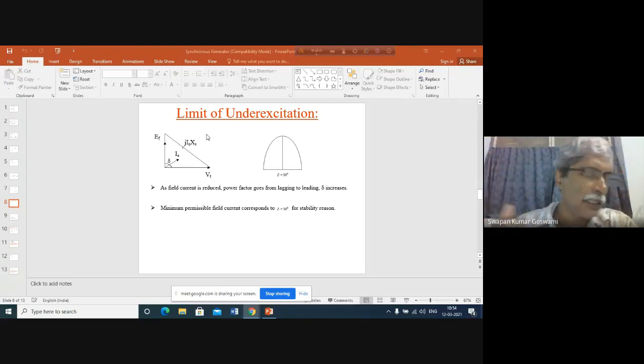Because these things are possible by controlling the field current of the generator. You can supply more reactive power, you can supply less reactive power. Similarly, you can consume reactive power sometimes, and how much you want to consume is also controllable.